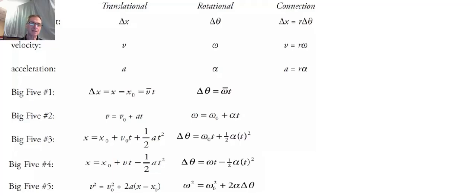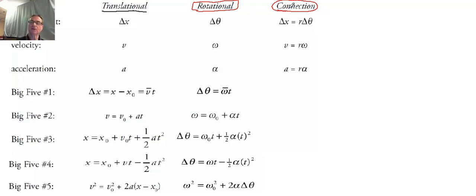And what this table does is it shows us all of the variables and the equations for kinematics that we're used to in this column, and it then gives us the rotational counterparts in this column. And then we have a nice column of equations over here that gives us a connection between the translational and the rotational variables.